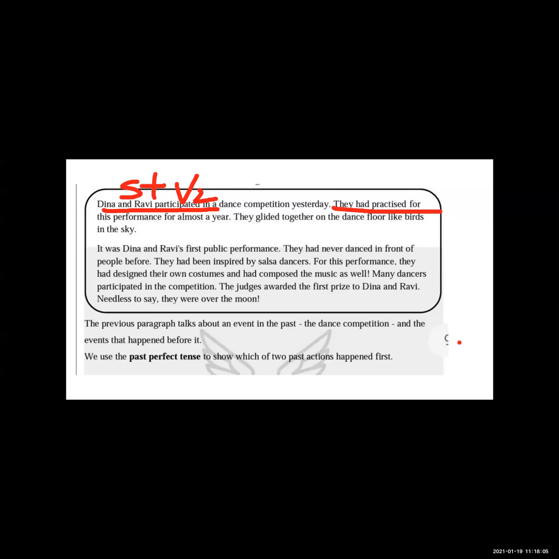So this is a past action that was completed in the past only. Here the structure of the sentence is subject plus had plus v3.